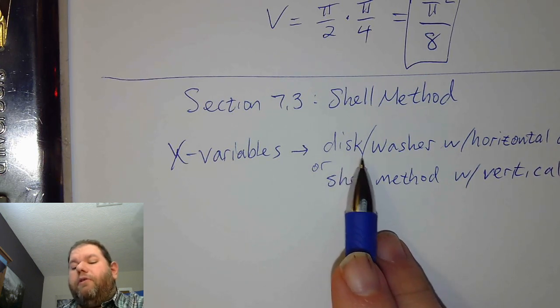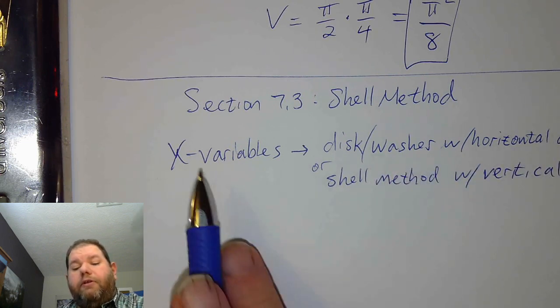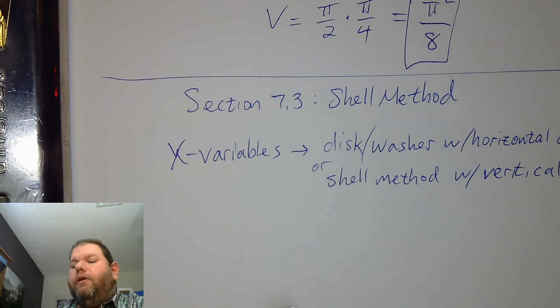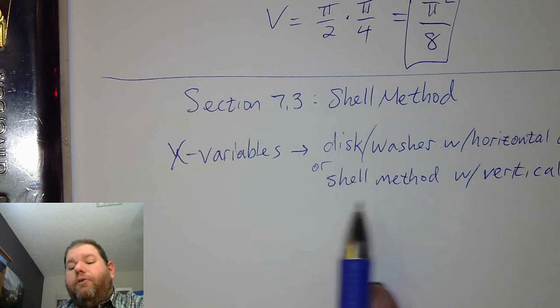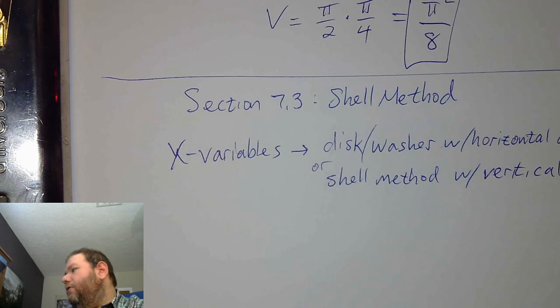So if we have a horizontal axis, we know we can use a disk or washer method. That will keep us working with the x variables. Or if we have a vertical axis, we could use the shell method, and that will keep us working with the x variables.